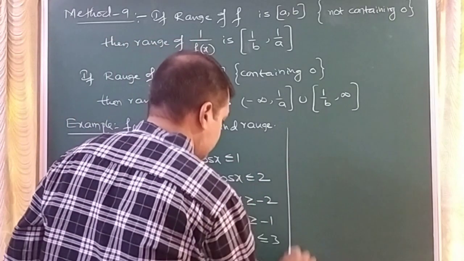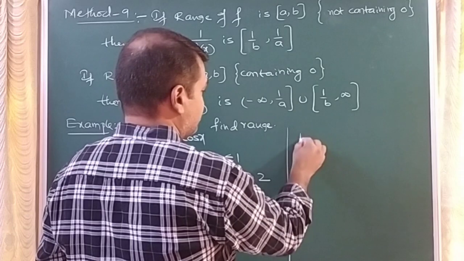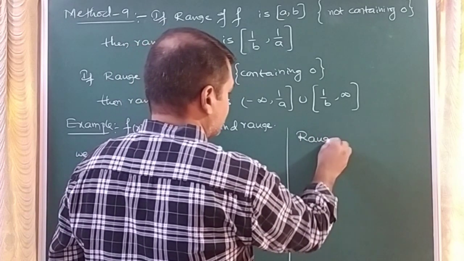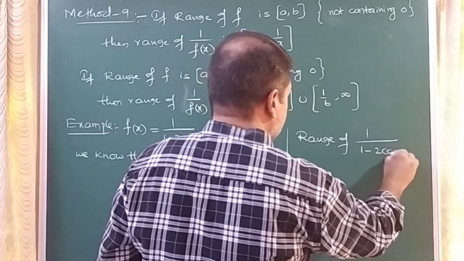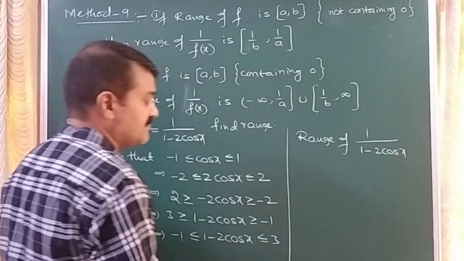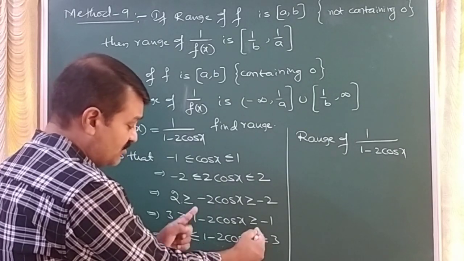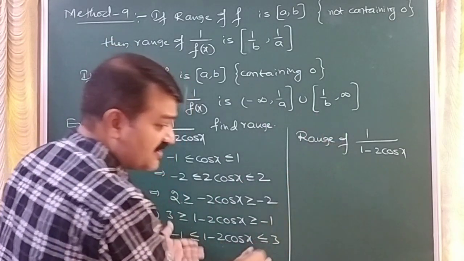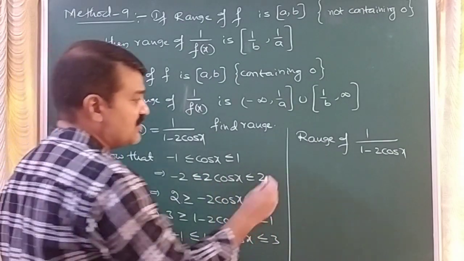So therefore the range of 1 by 1 minus 2 cos x. So this function range we have here. So we are writing the range of reciprocal of this. Interval has 0. What should I write?